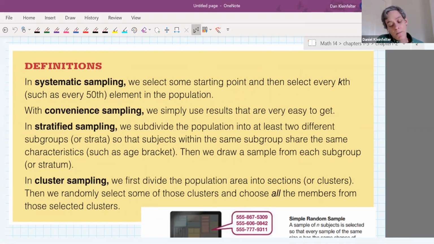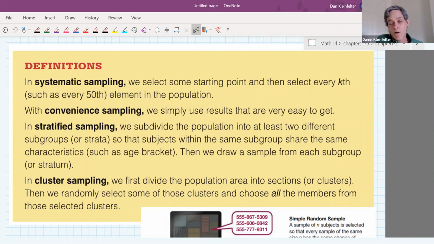Systematic sampling would be taking some starting point and then selecting every kth, like every 50th element in that population until we get a sample of the correct size. An example would be, let's say that you work at a factory that makes toasters, and you wanted to collect a sample of 10 toasters and test them for defects. So you don't want to pick the first 10 toasters of the day or the last 10 toasters.